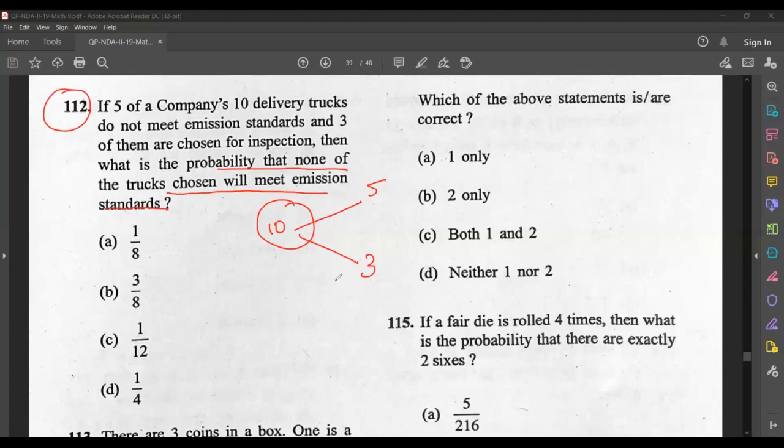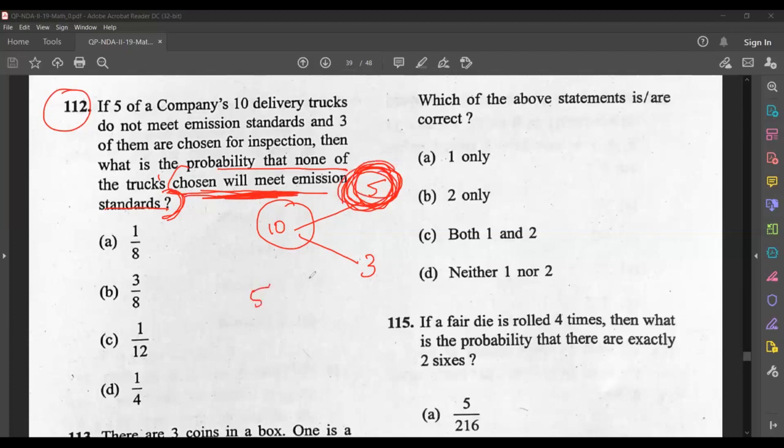That means they're actually asking about the ones that are not meeting the emission standards. That should be surely from this 5, isn't it? That is what they are saying, no? So that should be coming from this 5, isn't it?